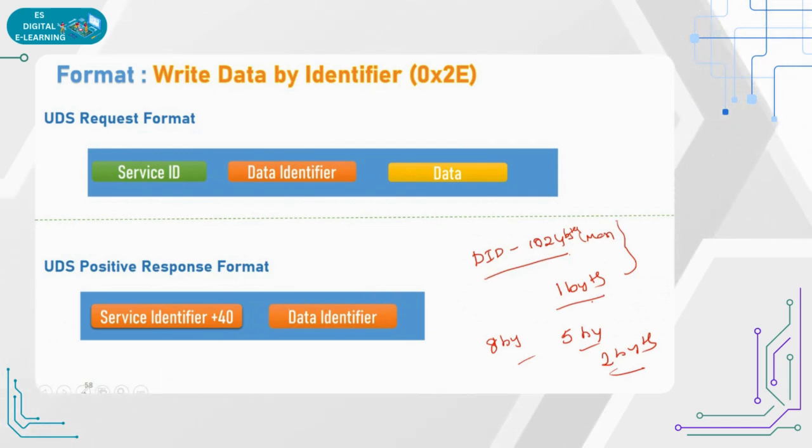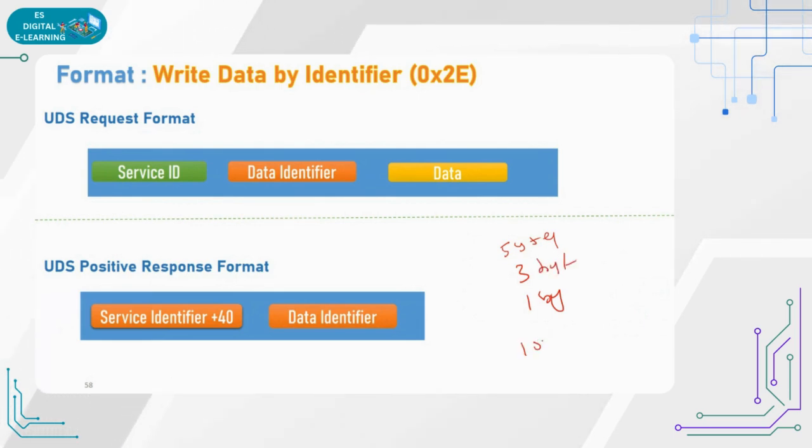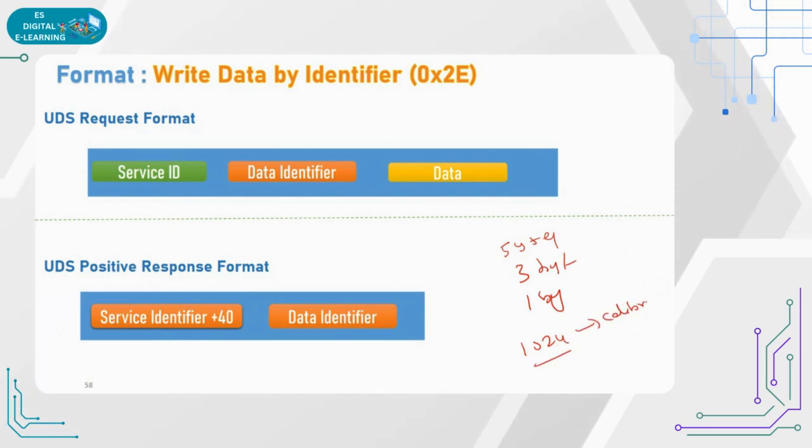Okay, they will ask you plenty of other questions like this. You need to say like 3 bytes, or 1 byte, or 5 bytes of data that you are able to read. So those details are important. Why I am saying this: 1024 bytes is calibration values. Calibration values are where we adjust the parameters for a specific vehicle, right?